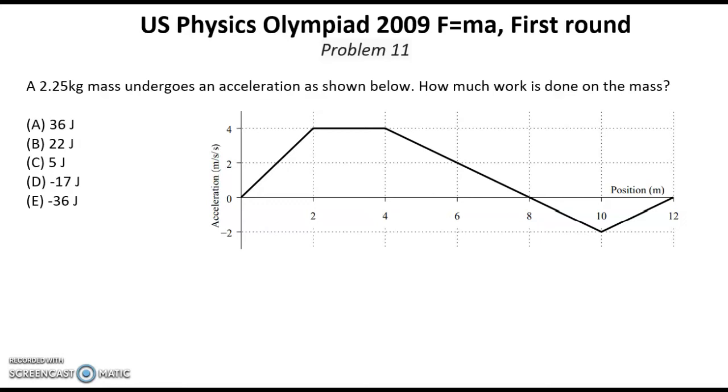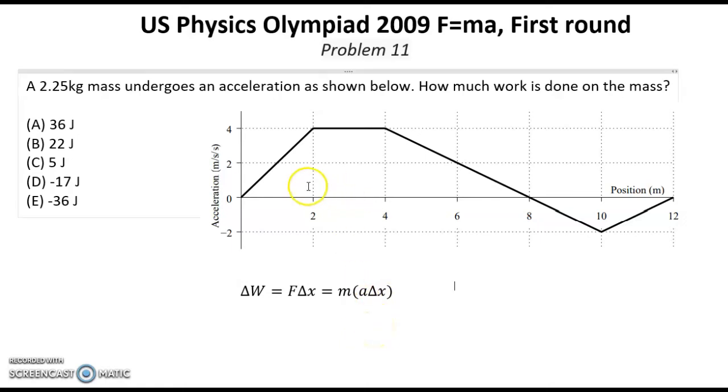Solution. First, let's write the equation for work. If we have a graph of acceleration versus distance, we can immediately write that work done by force F on a small distance dx equals this expression, and because mass is constant, we can take it out, and we have dW equal to mass multiplied by acceleration multiplied by dx.